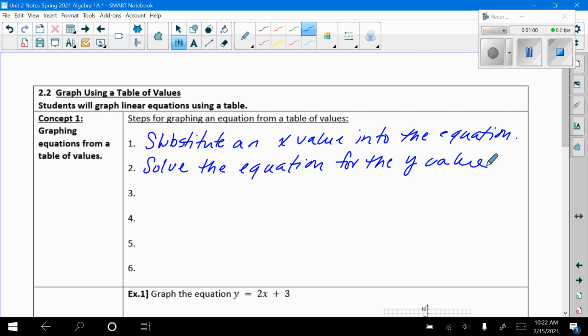Then you're going to fill in the y value into the table. And number 4, I want you to repeat for the next x value. So we're just going to keep repeating those same processes.